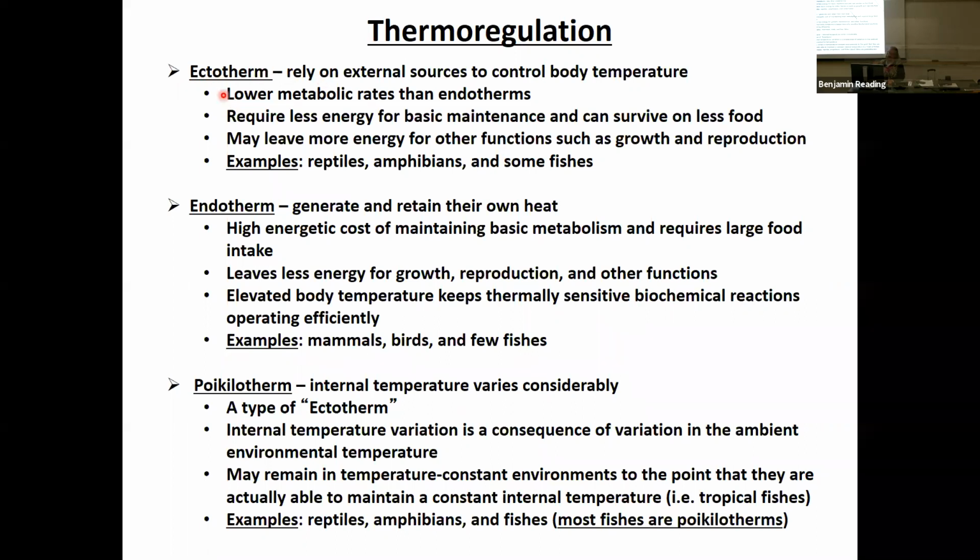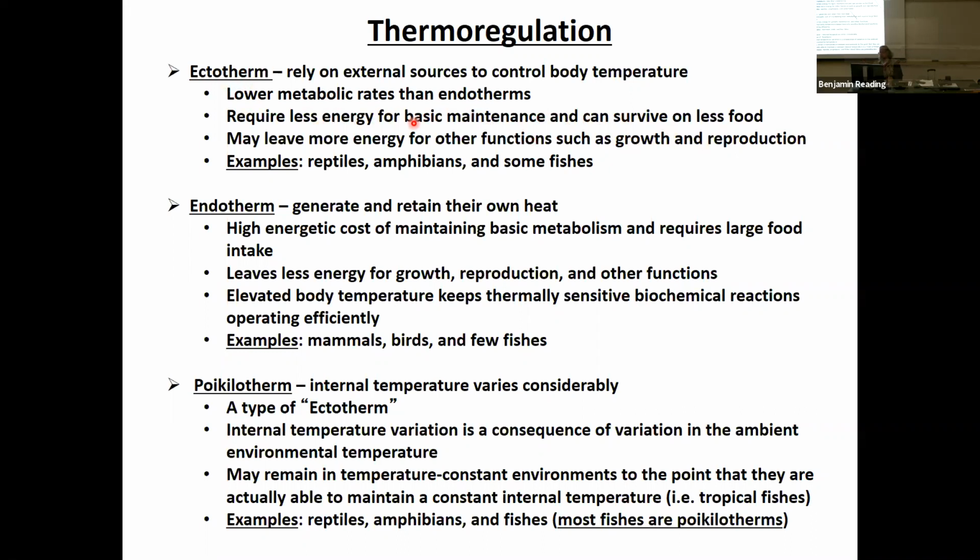The first is there's a couple strengths here. If you're an ectotherm, you've got a lower metabolic rate than an endotherm, and that means you've got more energy that you can use to grow, for instance. You can also have more energy to reproduce because you're not having to maintain your body temperature. You've got less energy required for maintenance because maintaining body temperature, again, is not free, just like anything else.